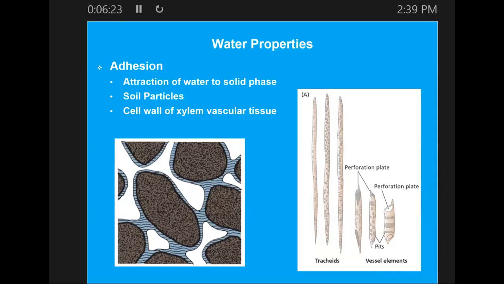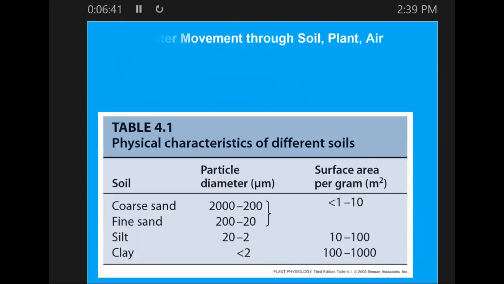This lower left image is soil particles, and you can see the blue water clinging to the soil particles. So adhesion in that case is the water being really attracted to the solid soil. Now, those of you who have taken soil class or are in it currently know that soil isn't standard. There are all kinds of different soils out there.